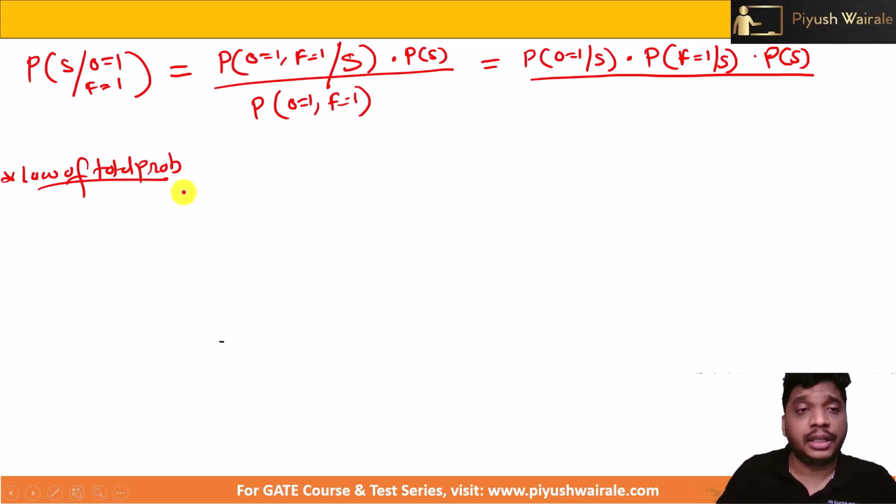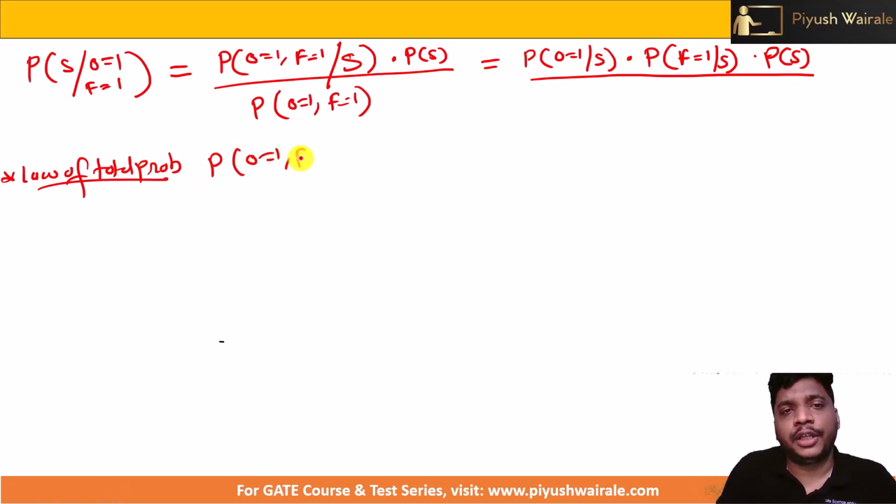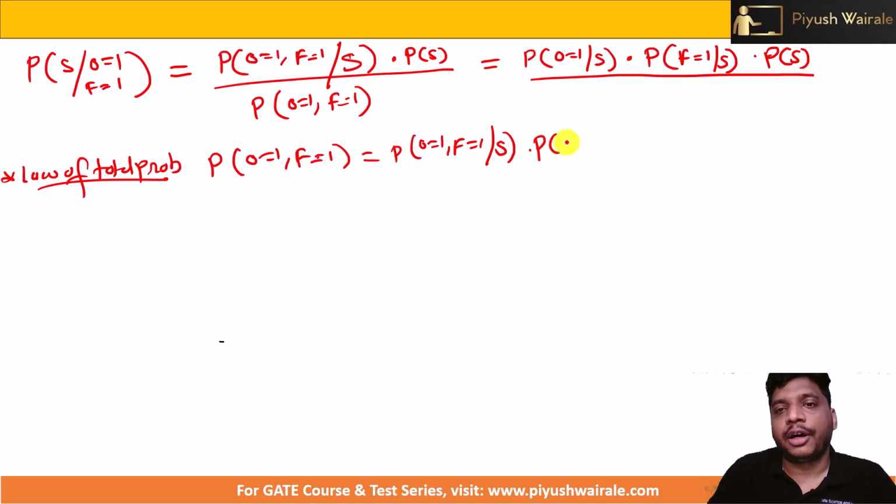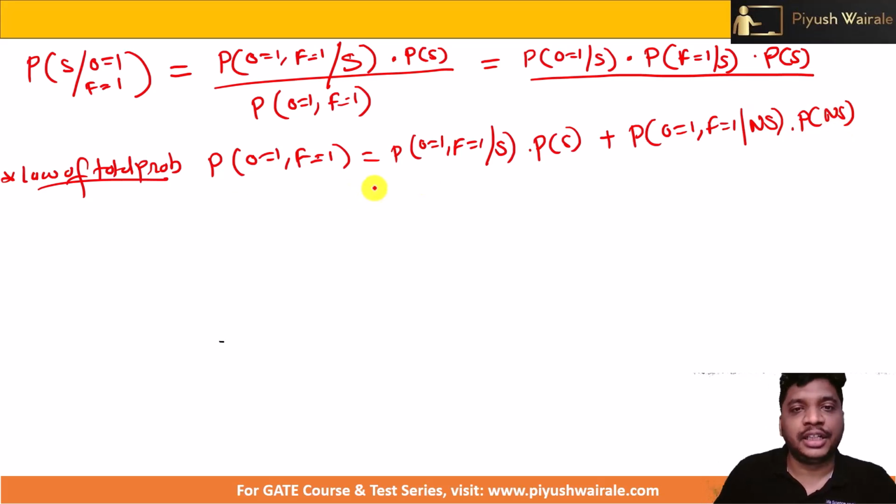If you observe, here we can write the probability of offer equals 1, free equals 1 as the probability of offer equals 1, free equals 1, given the email is spam, times the probability of spam email, plus the probability of offer equals 1, free equals 1, given the email is not spam, times the probability of not spam. That's it. So if you do the calculation, let's see.